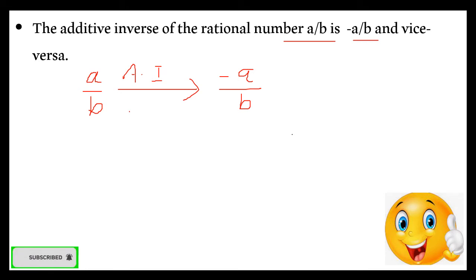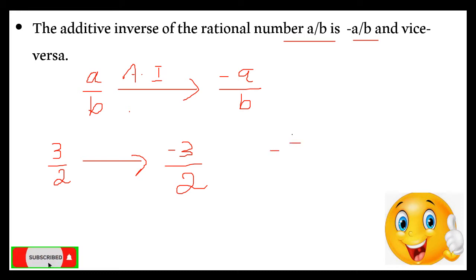If you have a positive rational number, that is 3 by 2, so additive inverse will be minus 3 by 2. If you have a negative rational number, that is minus 5 upon 4, it will be plus 5 upon 4.